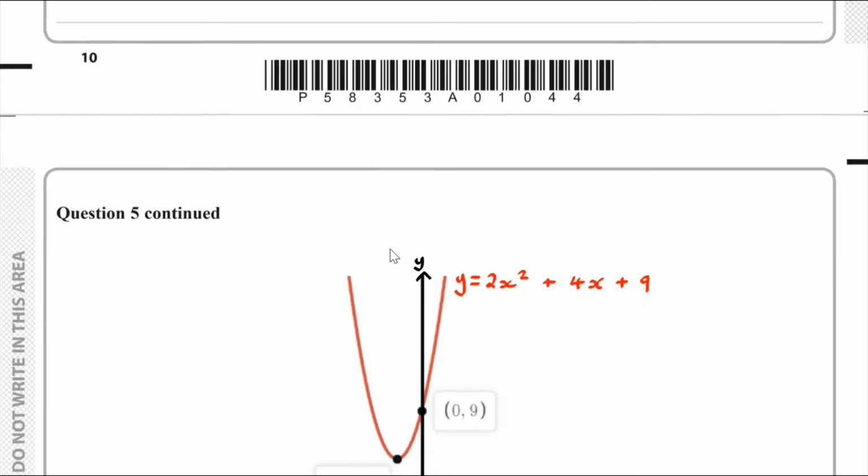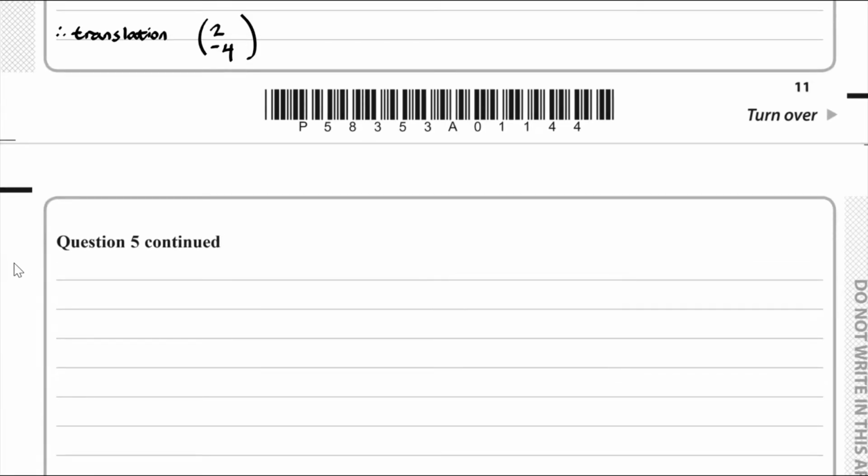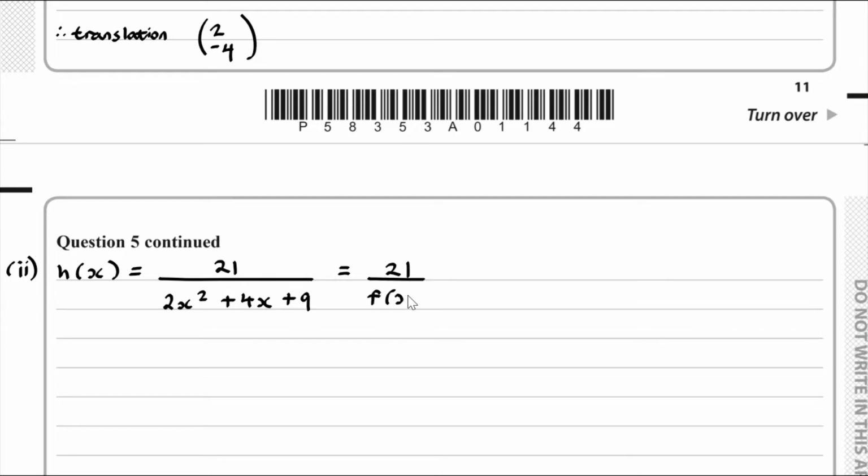Essentially what we have over here is the following. We have h(x), which is equal to 21 over 2x squared plus 4x plus 9. So we have 21 over f(x). Hopefully that should be quite straightforward.